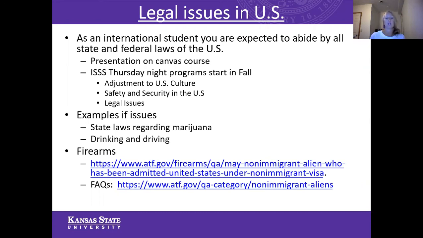Just make sure that you are aware of all of those different nuances. You cannot drink and drive while you're here in the United States. You also need to be aware of the drinking age here, and all of those legal issues, because they could very severely impact your immigration status.